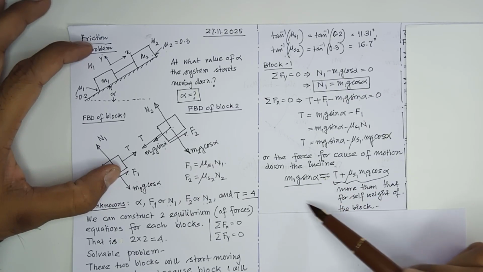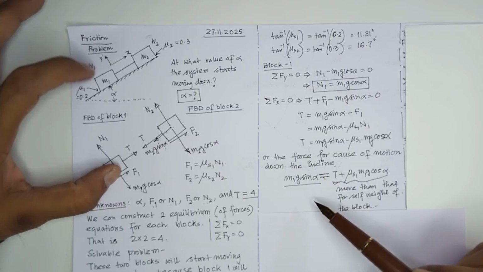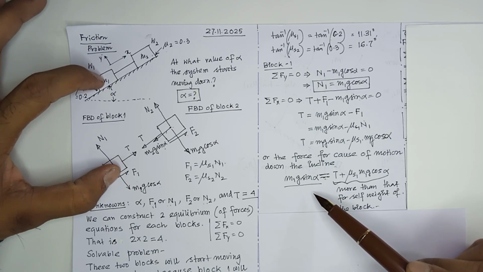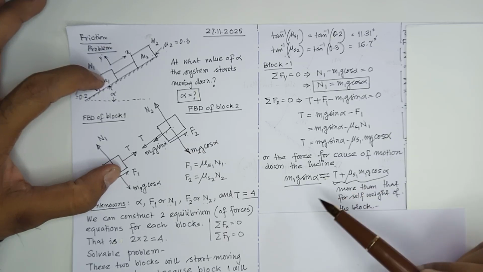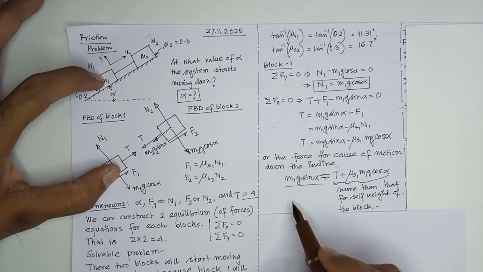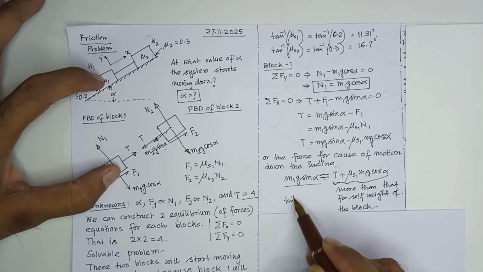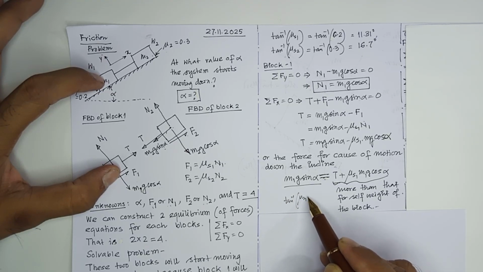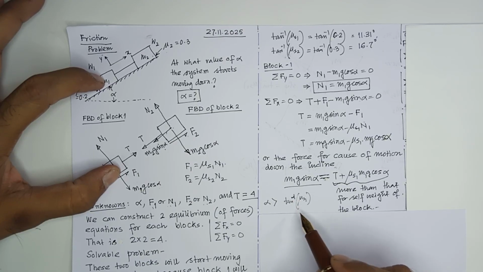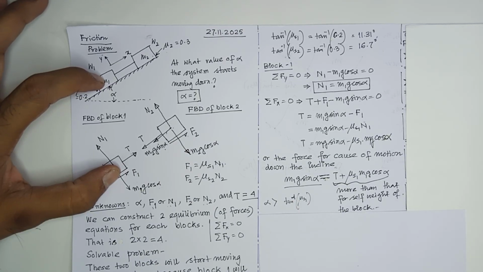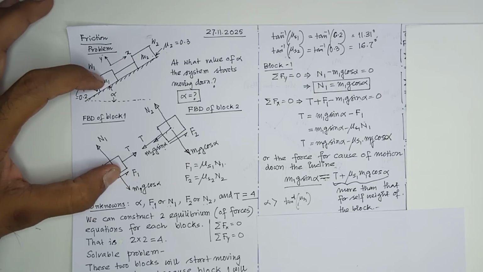Therefore the alpha at which it will start to move will definitely be more than the angle of repose, that is tan inverse mu s1. So alpha must be more than tan inverse mu s1. That you have to appreciate.